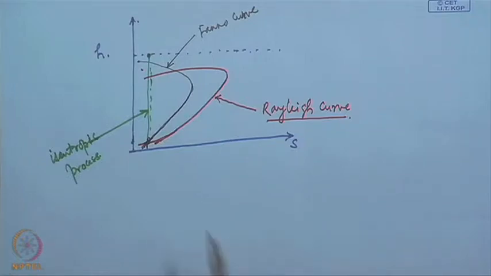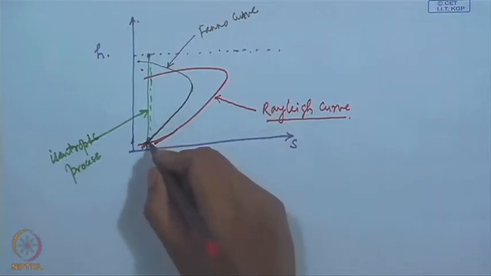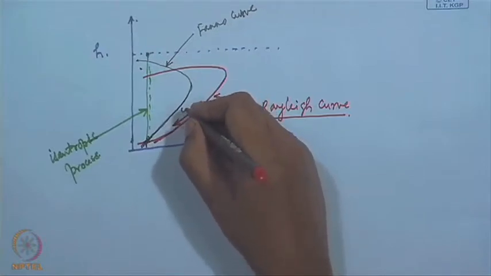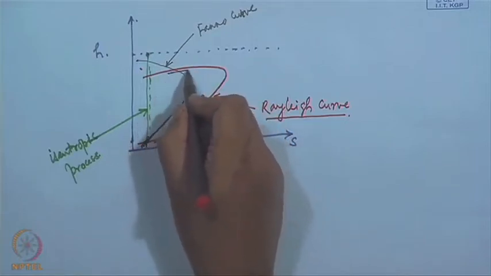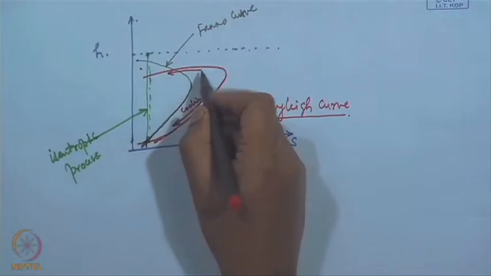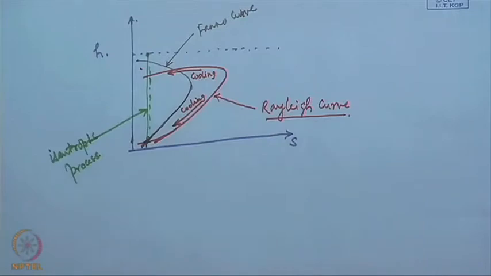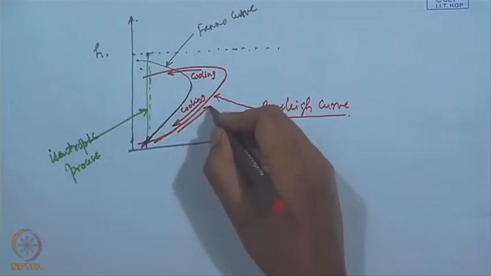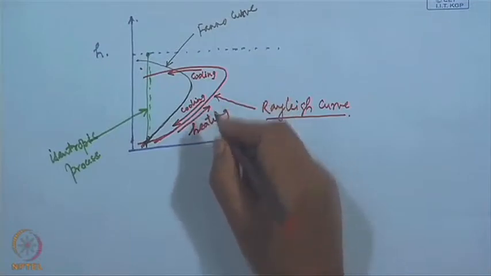So, the path that the system will follow, if cooling is allowed, then this will be the system direction, and if heating is done, then the system will follow this path.